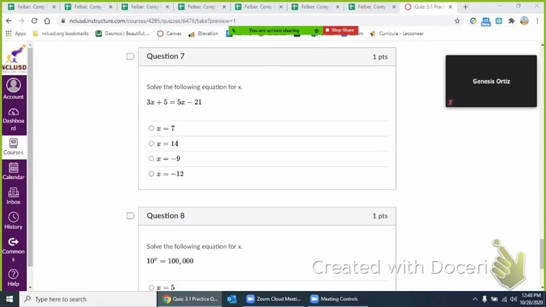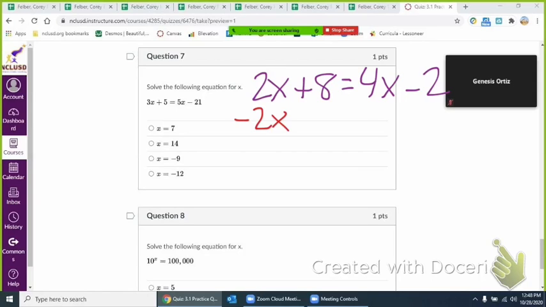I'll make it like 2x plus 8 equals 4x minus 2. Okay, so we need to get the x's on one side. All right, so don't write this down, but if you think about this, okay, we could either do this, and we could get them away from there, or we could do this and get them away from there.